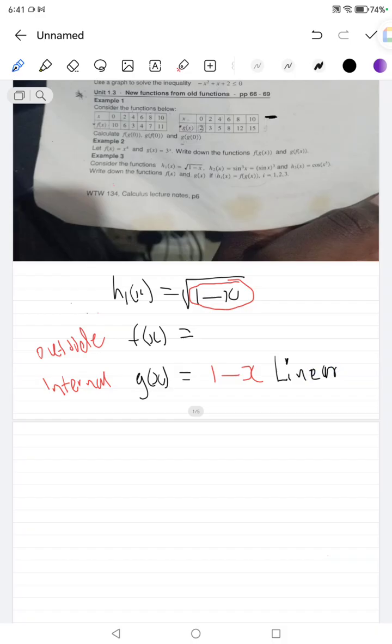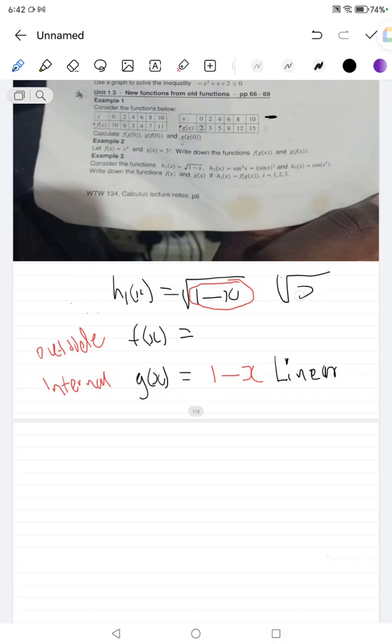Once you've removed that function, make sure that when you're doing this, you don't get too linear. If you're getting too linear or too power function, it means you are making a mistake. You're actually supposed to be getting different functions when you're doing this type of example. As I said, each and every time you remove that function, you replace it with x. So what are you left with?